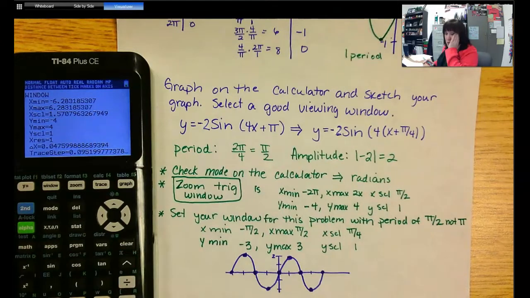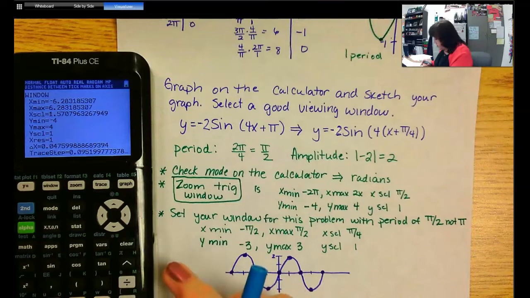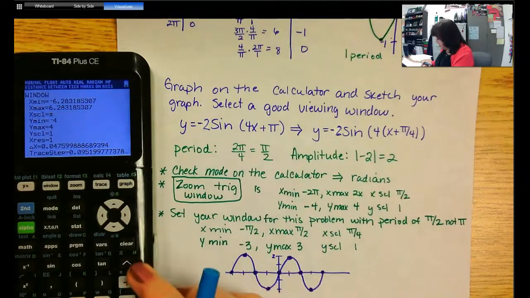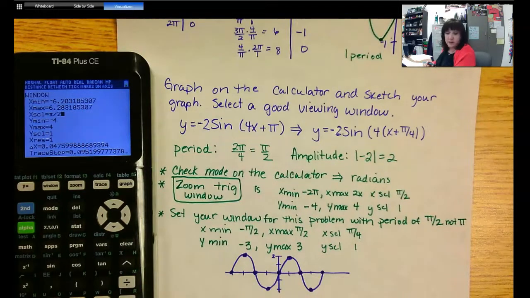Then we're going to count by pi over 2's, so that's my scale. We can leave the y-min and y-max at negative 4 and 4, which is more than we need, with a scale of 1.